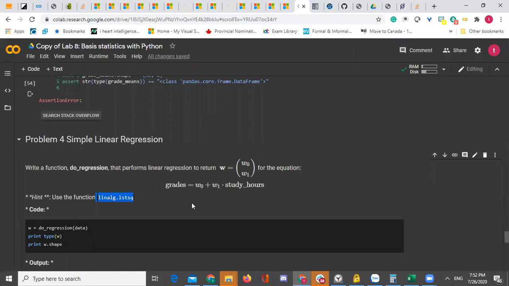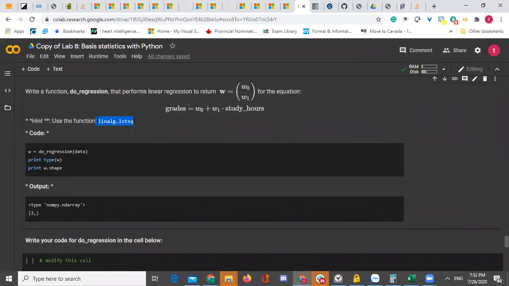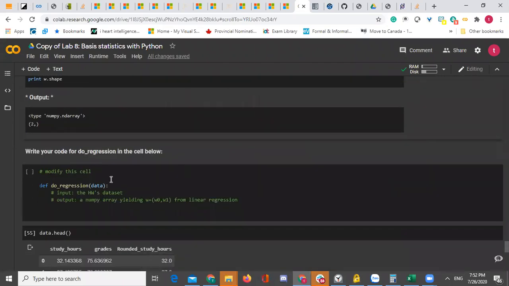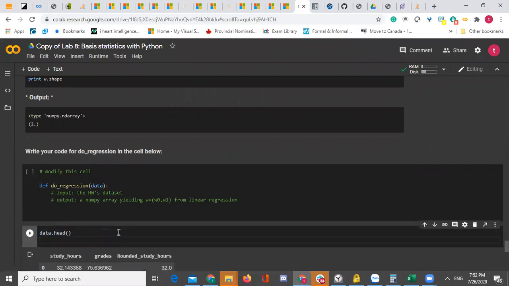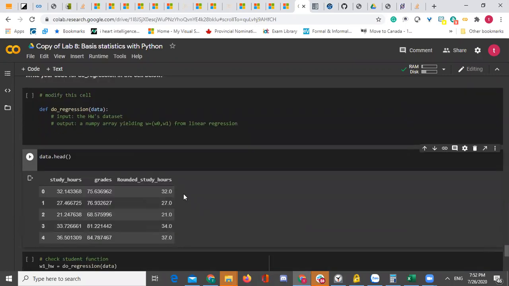Okay, so first get the array for the study hours and the grade. Oh, we already have that, so we don't need it. So we need to create a new axis, right?